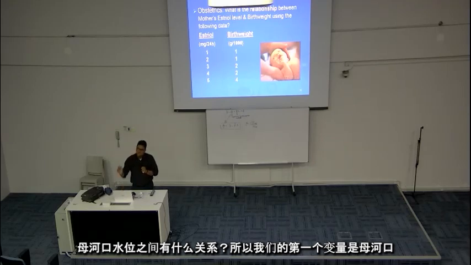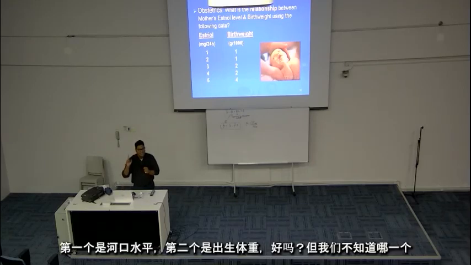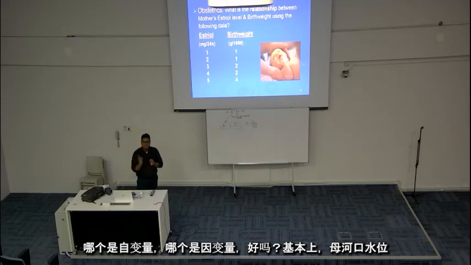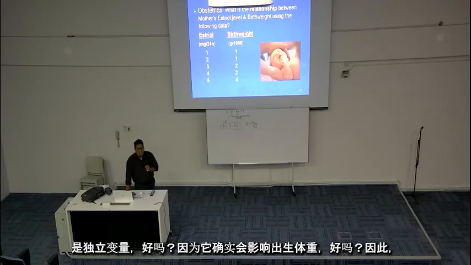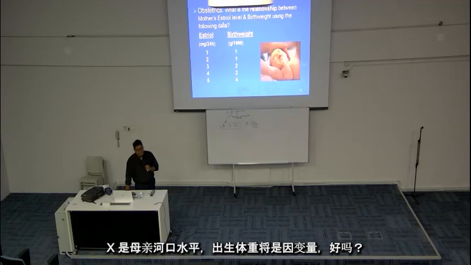We have the first variable, mother's estriol level, and the second one, the birth weight. But we don't know which one is the independent and which one is the dependent variable. Basically, mother's estriol level will be the independent variable, because it does affect the birth weight, and the birth weight will be the dependent variable.